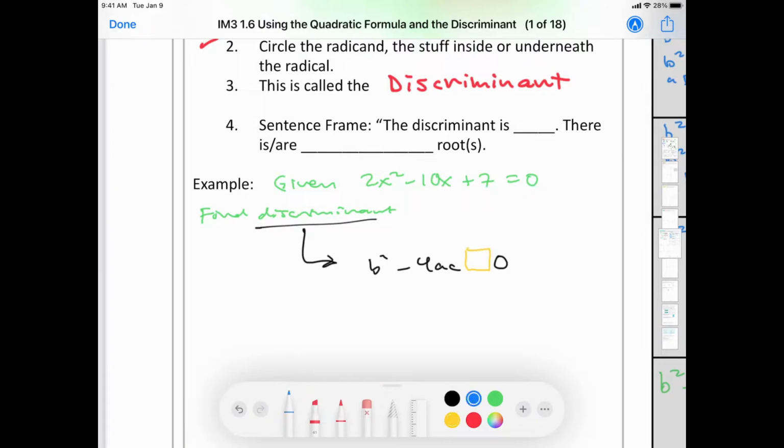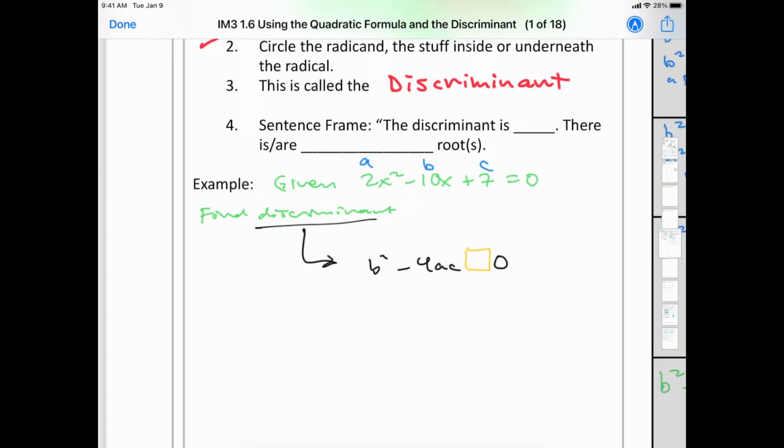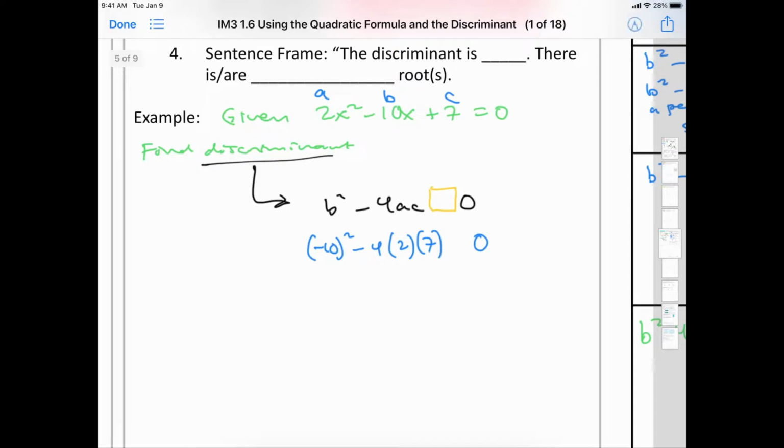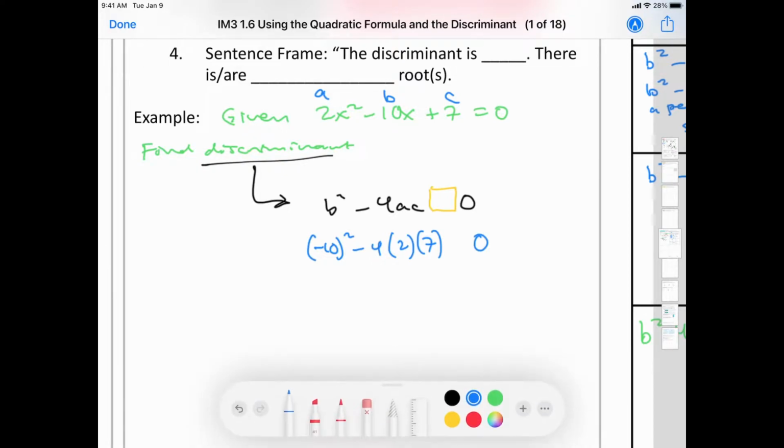Okay, so a is 2, b is negative 10, c is 7. So b is negative 10, a is 2, and c is 7. Let's go ahead and just simplify the left side and see what happens. That's 100.